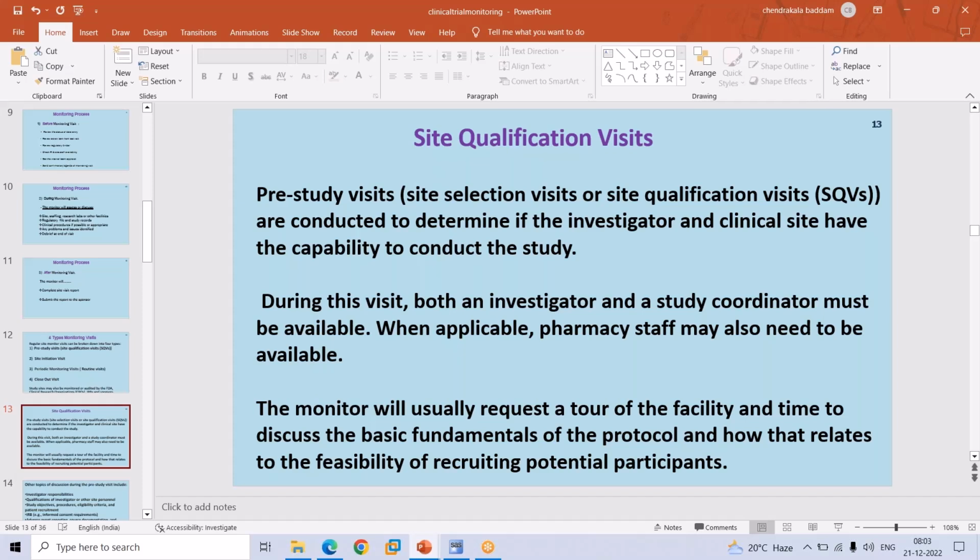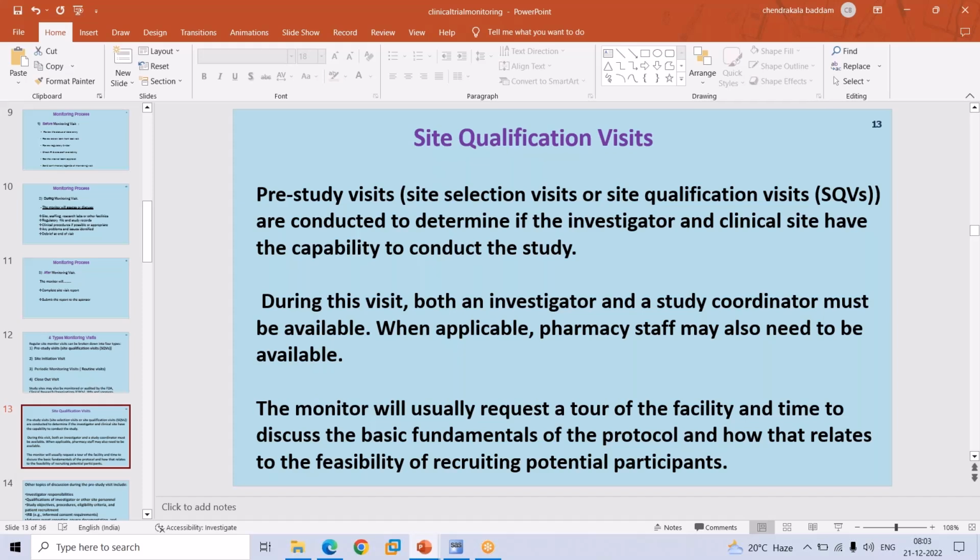When the CRA performs this visit at the site, the investigator and study coordinator must be available. If applicable, pharmacy staff also need to be available.